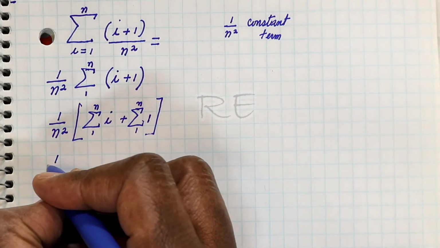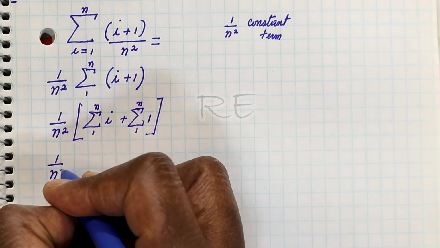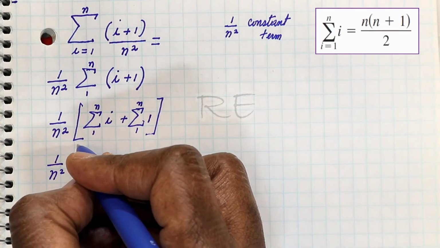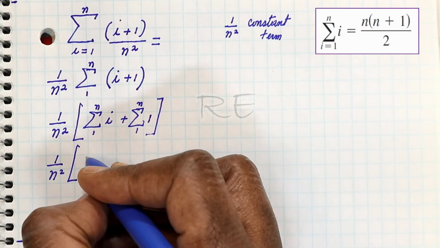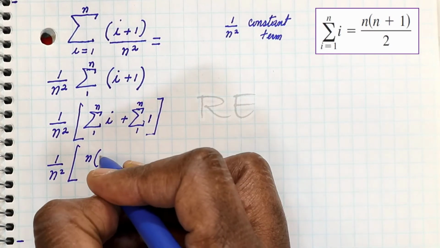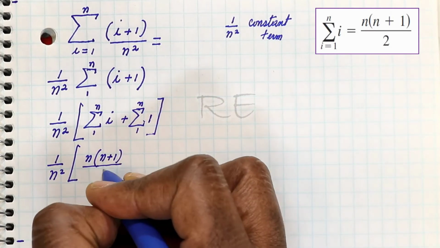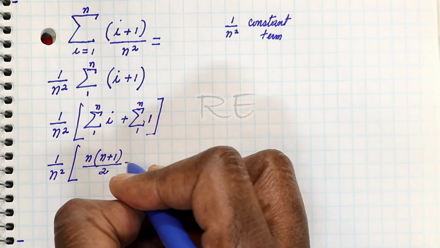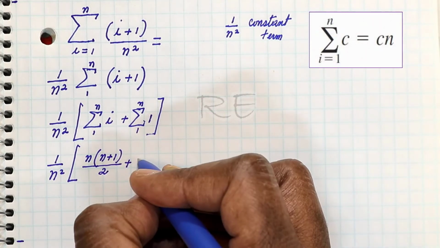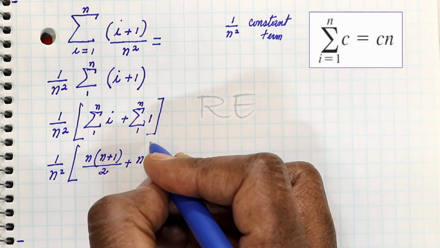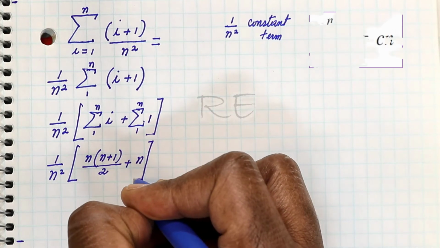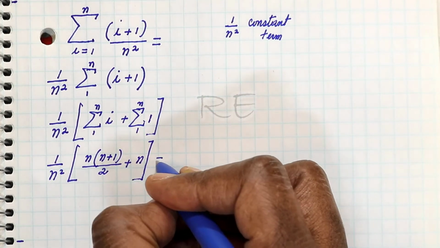Now, the sum of i is a formula. The sum of i from 1 to n is n times (n + 1) over 2. 1 is a constant. The sum of a constant c is cn, so it's n times 1.